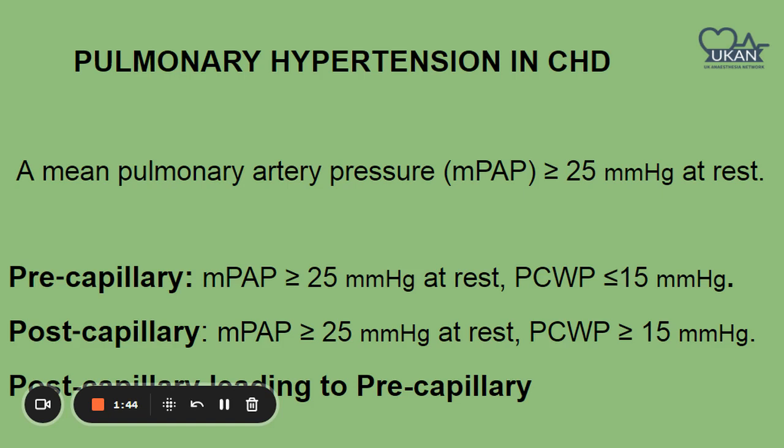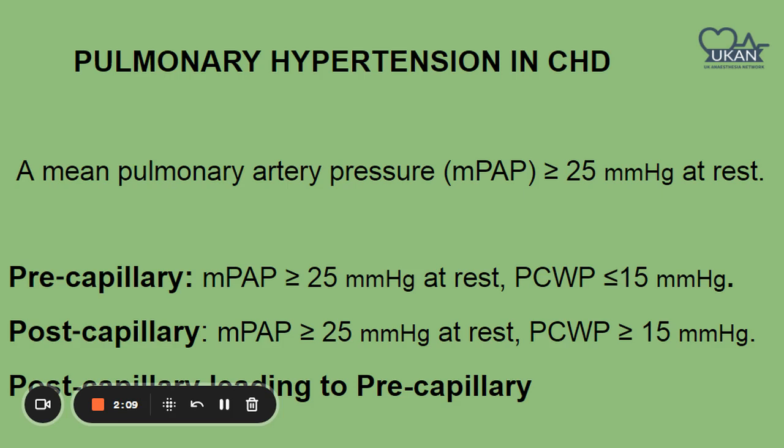So it means that the cause for this pulmonary hypertension may be already post-capillary, in the veins or in the left atrium. It means after the capillary. So the high pressure originated from this area, and it is reflected to the pre-capillary area as well.